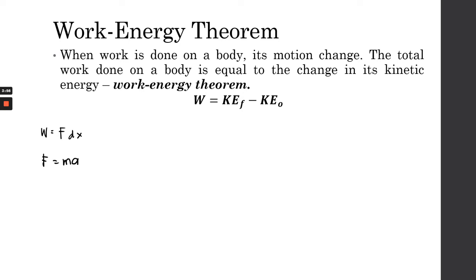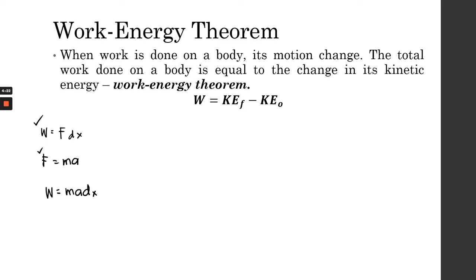Therefore, we can plug force into our work equation, and we would get work is equal to m a d x. So by multiplying the mass of an object by its acceleration multiplied by the distance it travels, we can find work. We know this because we've defined work in physics and we've discussed force in physics.